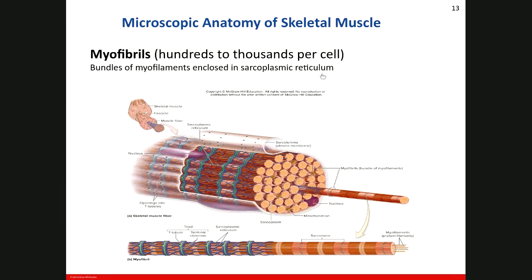But what is sarcoplasmic reticulum? Sarcoplasmic reticulum is actually a smooth endoplasmic reticulum in your muscle cell. So the smooth endoplasmic reticulum of our muscle cell is called sarcoplasmic reticulum.